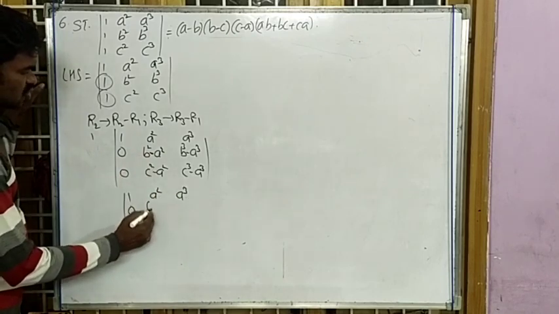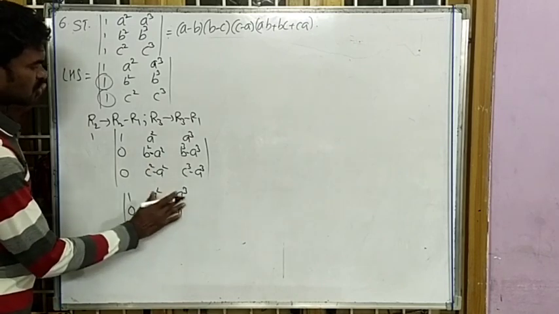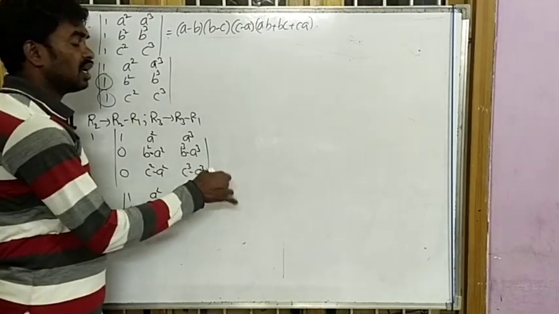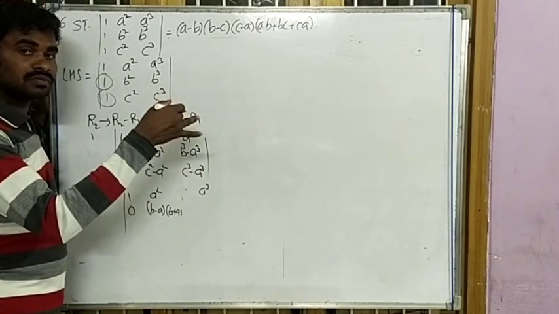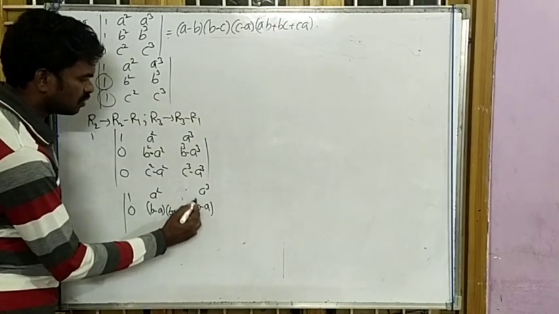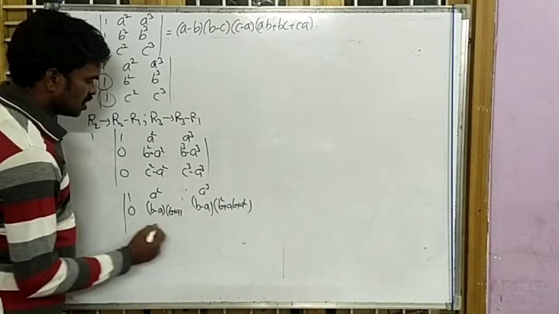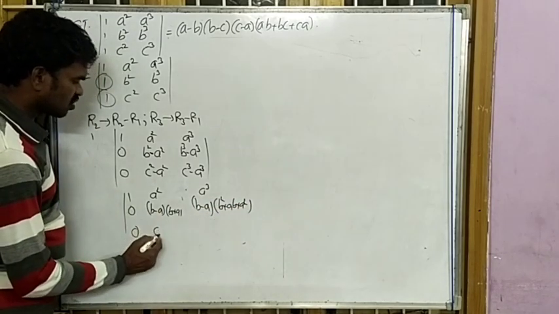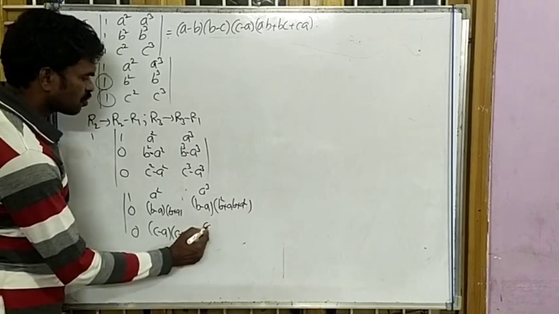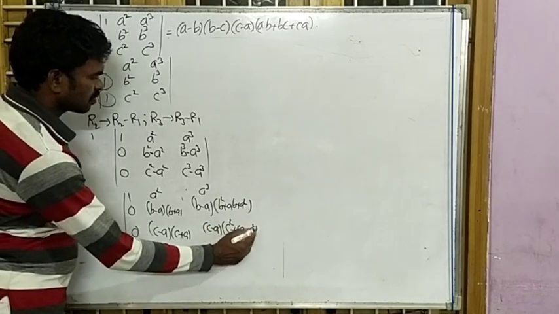This B square minus A square I am rewriting as (B minus A) into (B plus A). And this B cube minus A cube is written as, can anybody say, the A cube minus B cube formula, (A minus B) into (A square plus AB plus B square). Like that, B cube minus A cube is (B minus A) into (B square plus AB plus A square). Similarly, 0, C square minus A square means (C minus A) into (C plus A). And C cube minus A cube means (C minus A) into (C square plus CA plus A square).